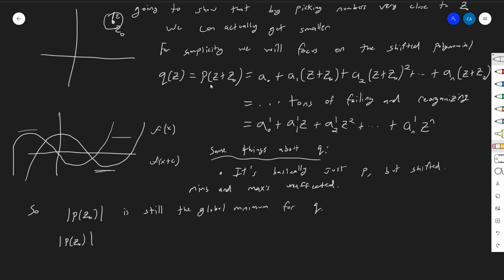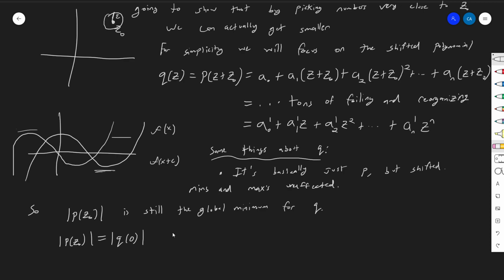Q is just P of Z plus Z0. So if I plug in 0 for Q, then I just get P of Z0. So this is equal to the magnitude of Q of 0, which is exactly what the intention is with Q. In other words, all I've done with Q is shift the location of the global minimum to 0, because that's going to be simpler to talk about.